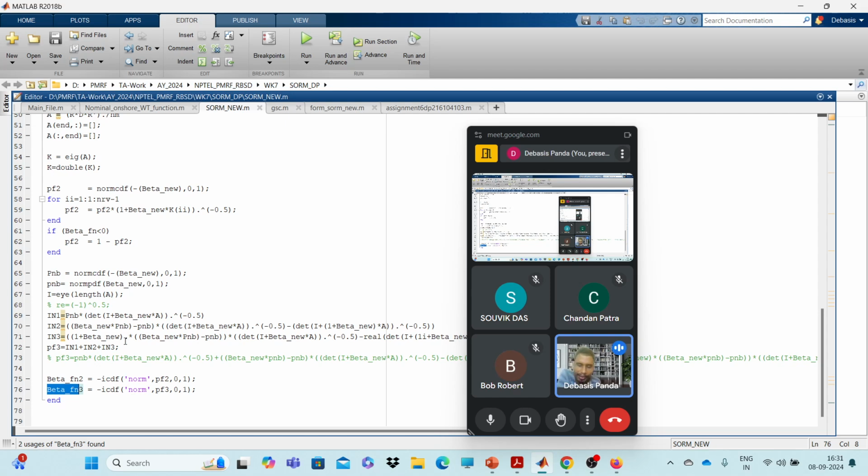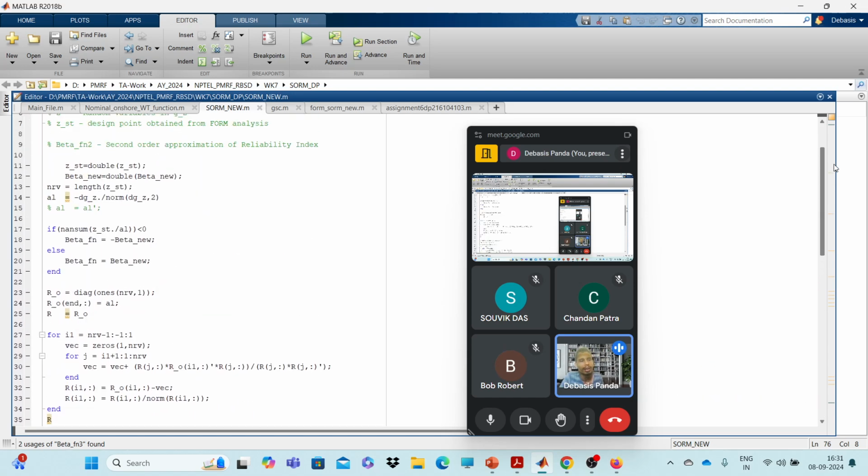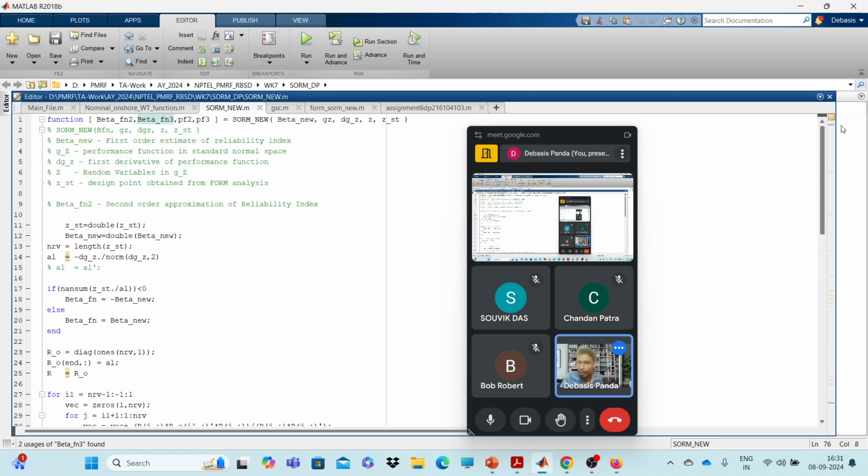So this function file, SORM new, will give you two results. One, the beta of Breitung and corresponding probability of failure of Breitung, that means beta fn2, that is the beta using the Breitung approximation, and beta fn3, that means the beta using the Tvedt approximation, and two probabilities of failure.